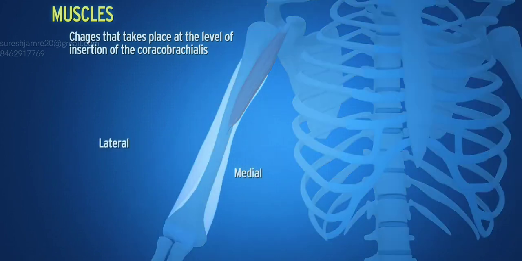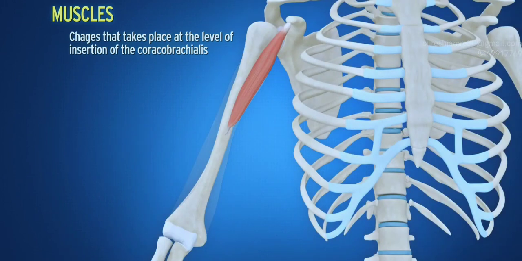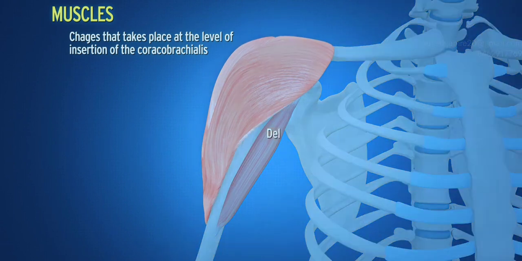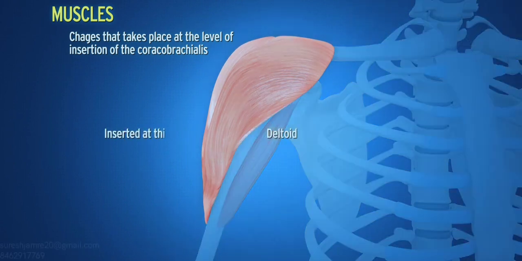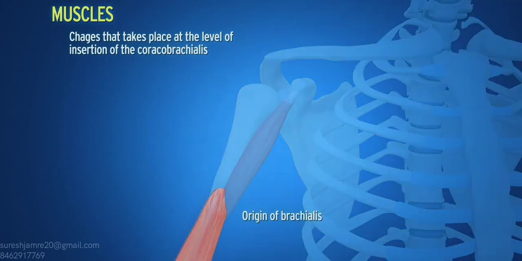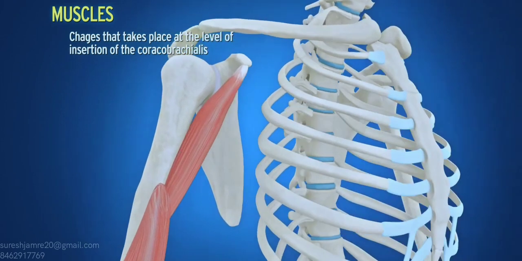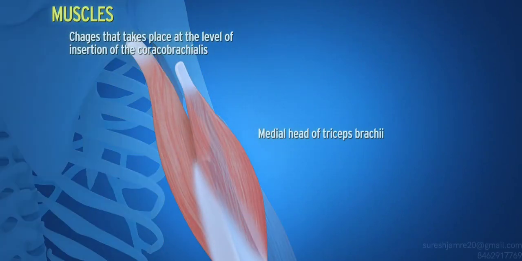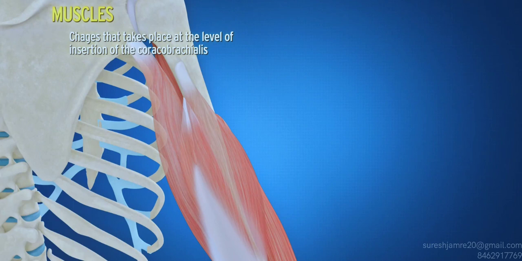Medial and lateral intermuscular septa are more prominent and well defined below this level. Muscles. Deltoid is inserted at this level. Origin of brachialis and medial head of triceps brachii occurs at this level.